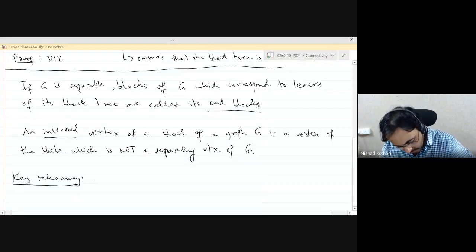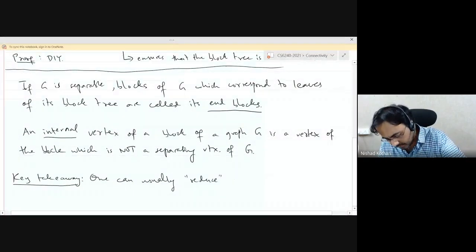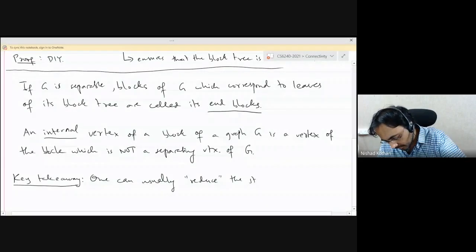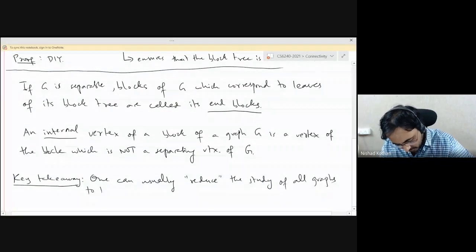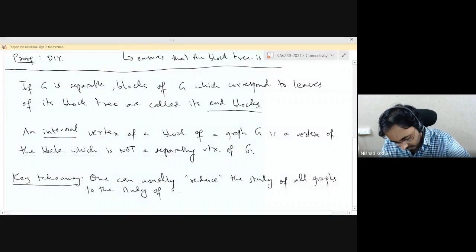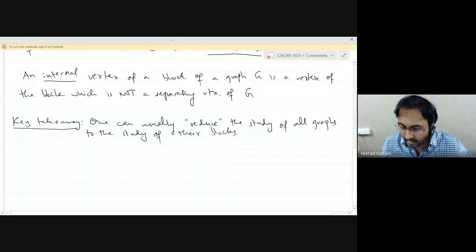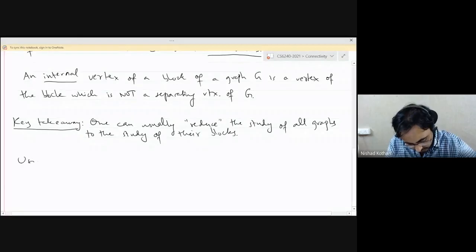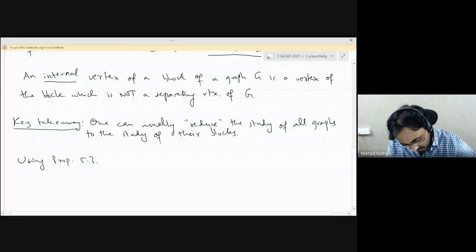One can usually reduce the study of all graphs to the study of their blocks. So what do I mean by this? Let me give you one example. Using proposition 5.3, you can prove the following.